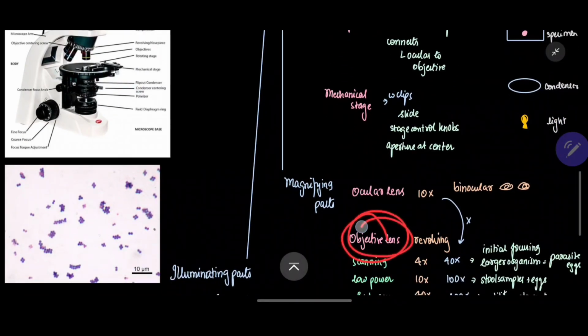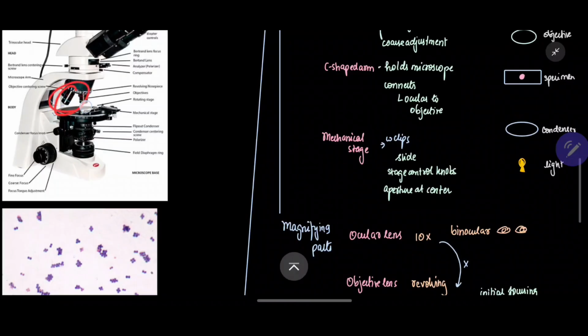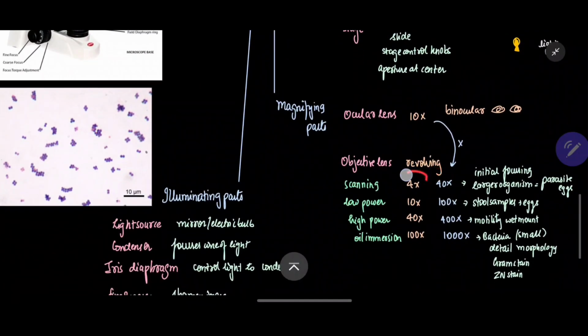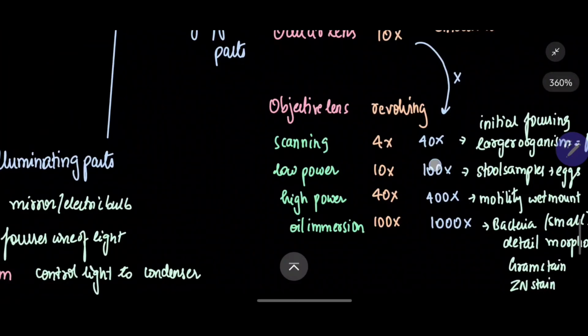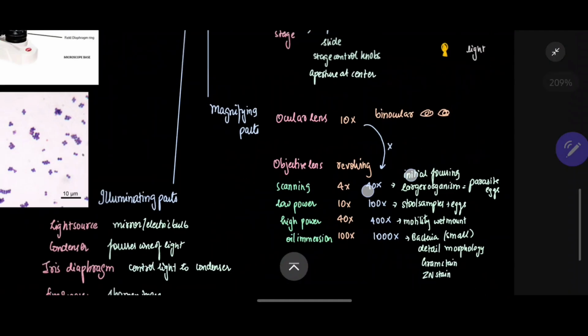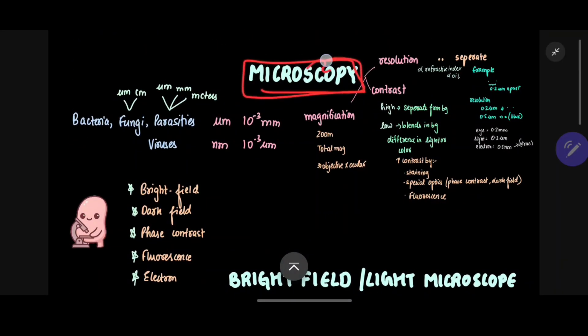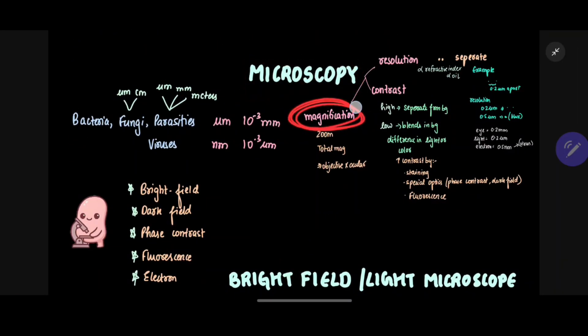Next are your objective lenses. These objective lenses are present in a revolving nose piece, and they are of different magnifications: your 4x, 10x, 40x, and 100x. Based on these magnifications, we will calculate the total magnification. Like I said in the beginning, the basic property of microscopy is magnification.